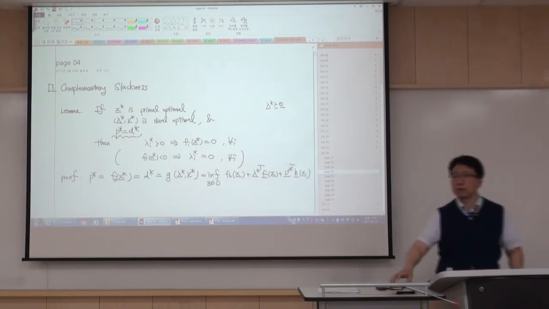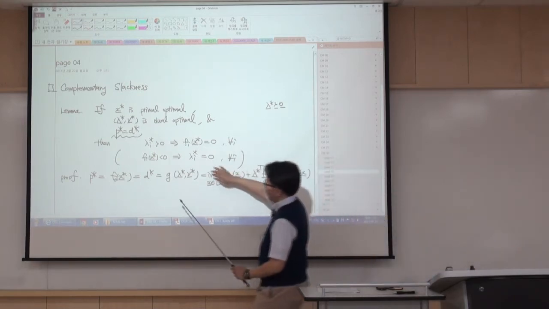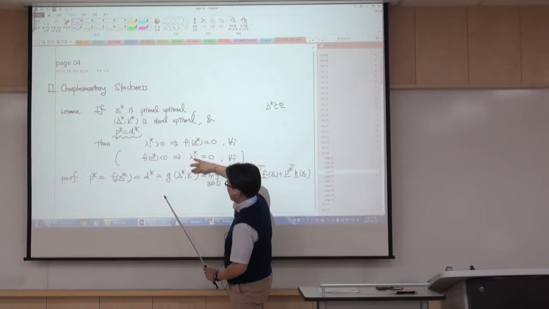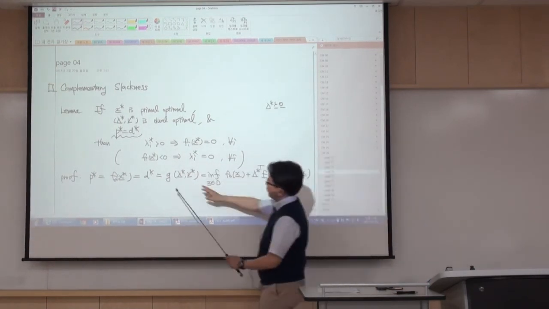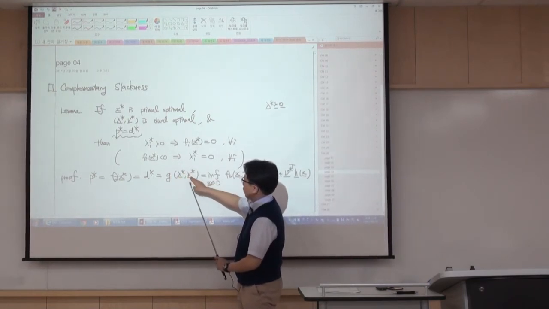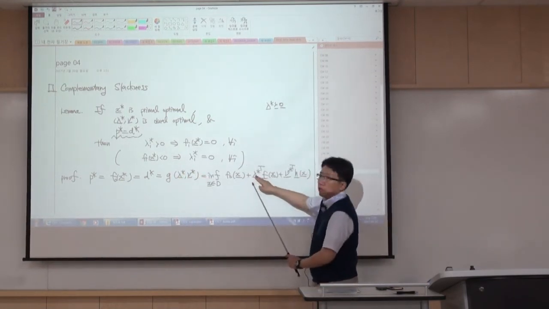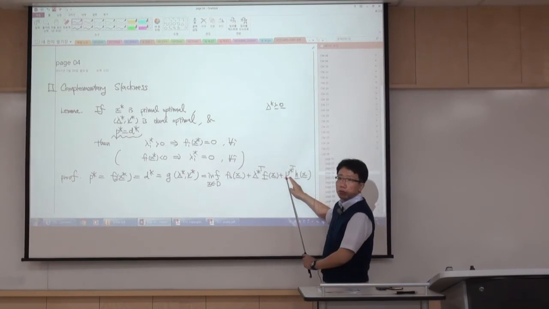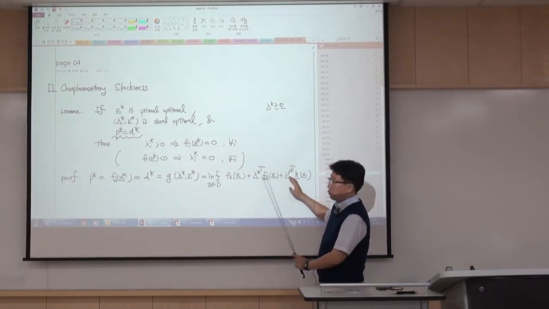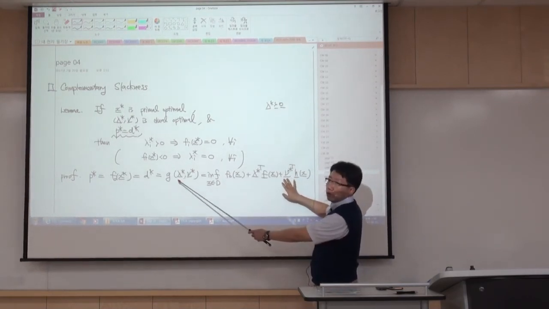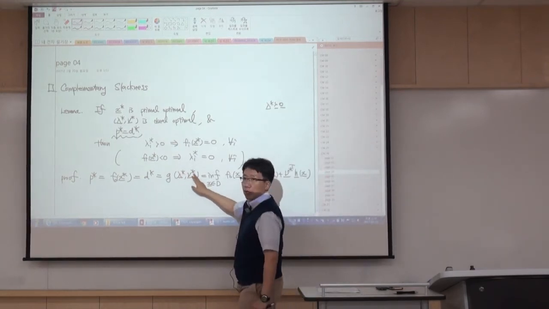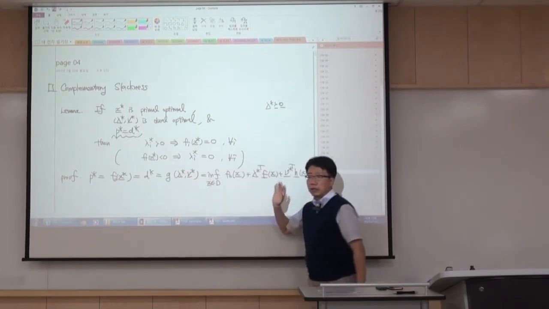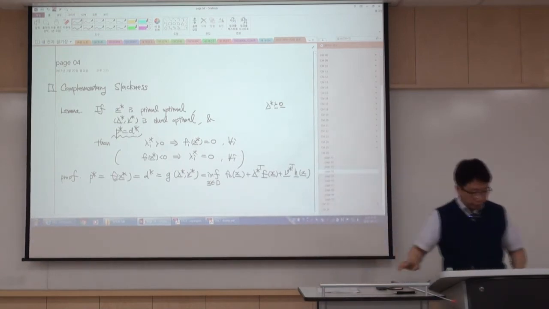Am I right? Remember, dropping these stars, this is just a definition. So if you evaluate g at lambda star and nu star, you just replace lambda with lambda star and nu with nu star. So this is simple, just a restatement of our definition at lambda star and nu star. No problem, right?